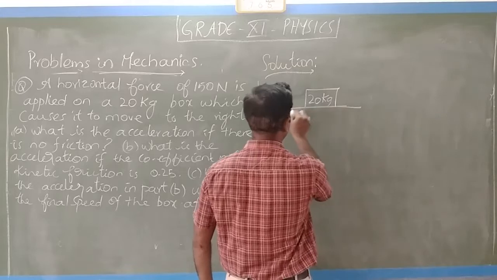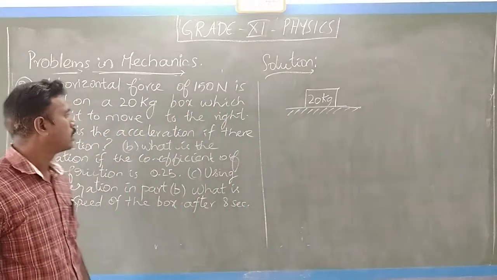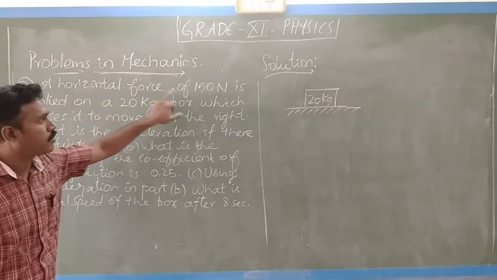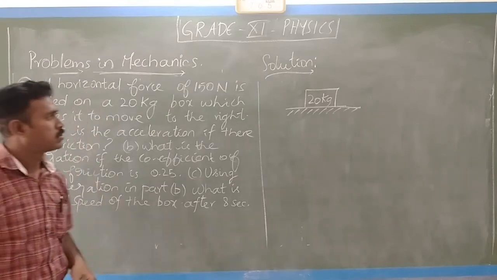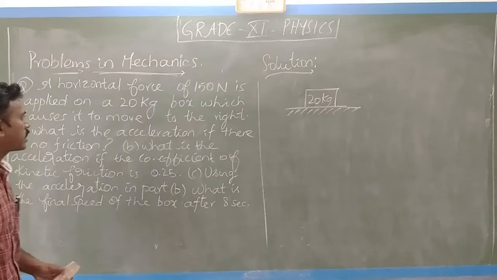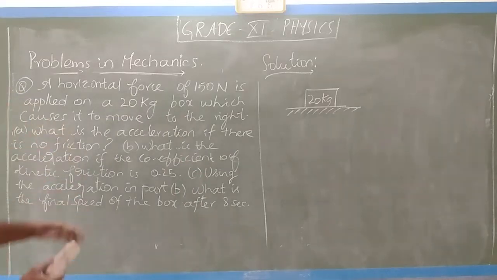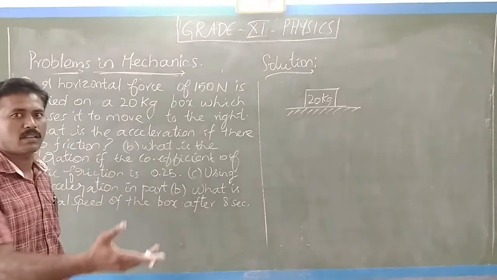Okay. So this is a ground. What I am doing is, the horizontal force of 150 Newton is applied on this. So I am applying a horizontal force. The direction is, this force causes it to move to the right side.